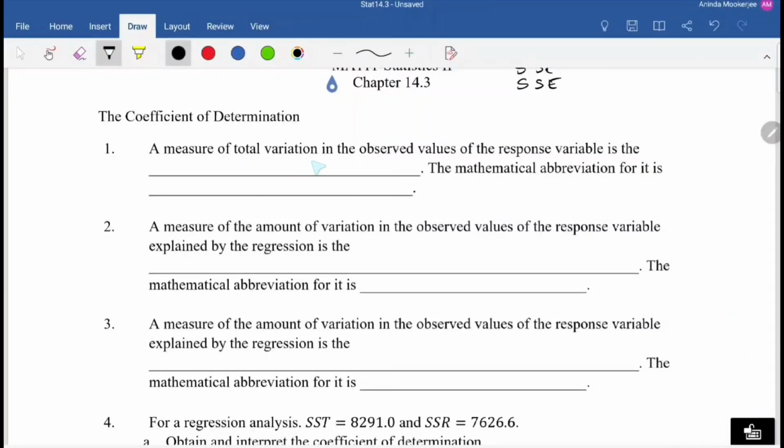It says a measure of total variation in the observed values of the response variable. Again, the response variable, keep in mind, is the y variable. This is the total sum of squares.